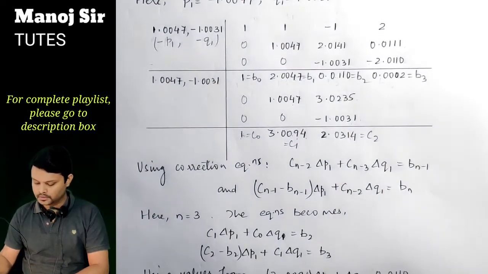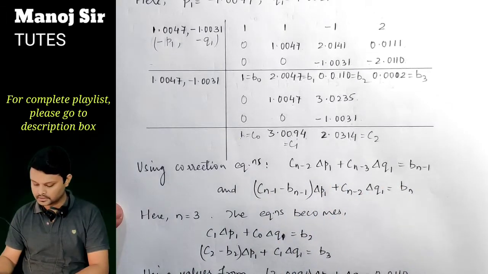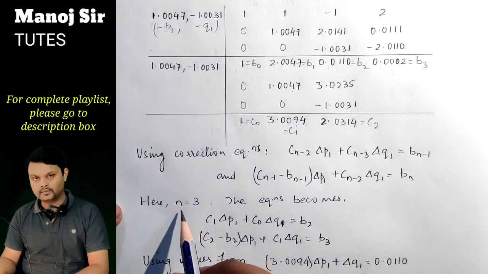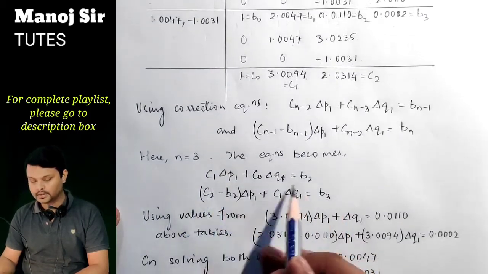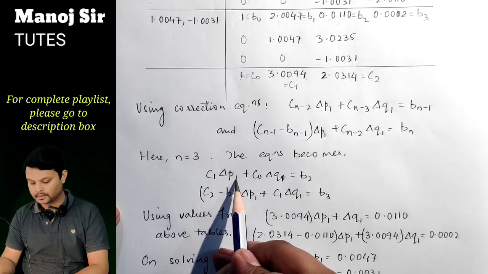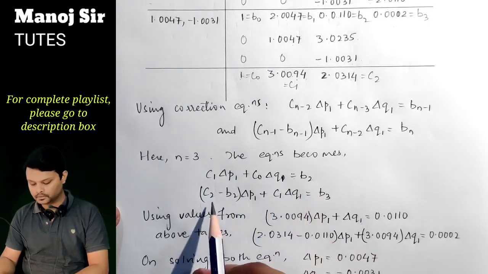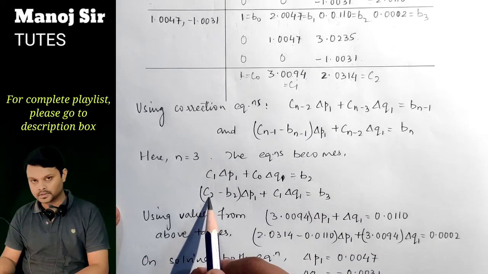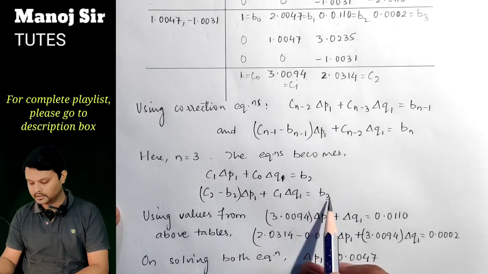So using the same correction equations that we have already discussed, and here we have n equals 3. Putting n equals 3, the equations become C1 delta P1 plus C0 delta Q1 equals B2, and the second equation, C2 minus B2 delta P1 plus C1 delta Q1 equals B3.